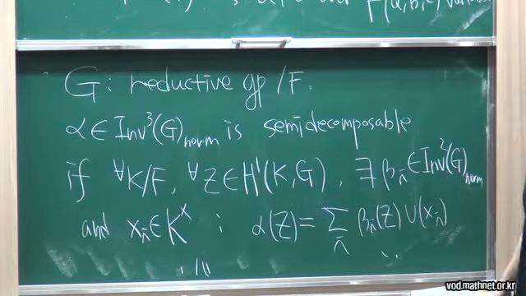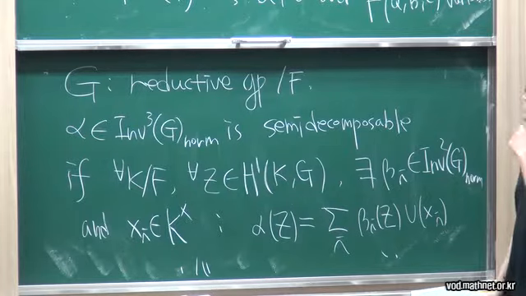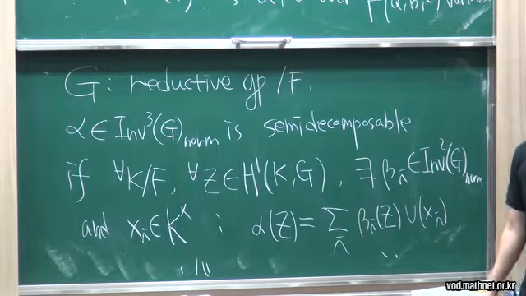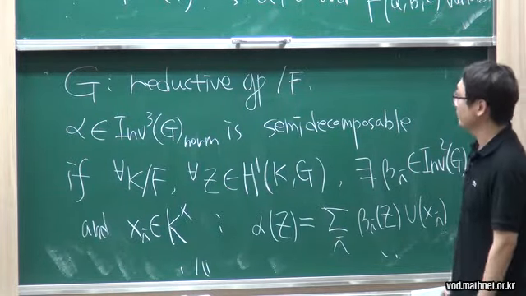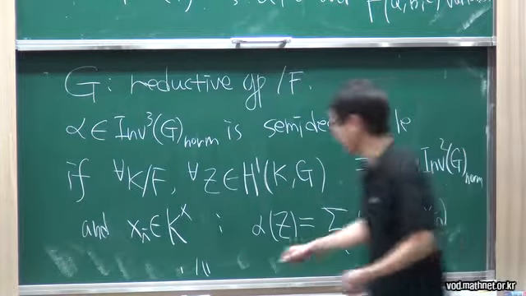So in other words, semi-decomposable invariance can be viewed as a locally decomposable invariance. And it does not vanish over an algebraically closed field.